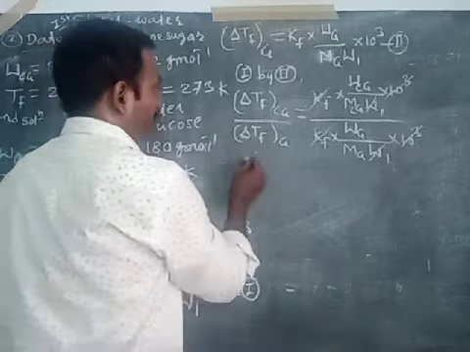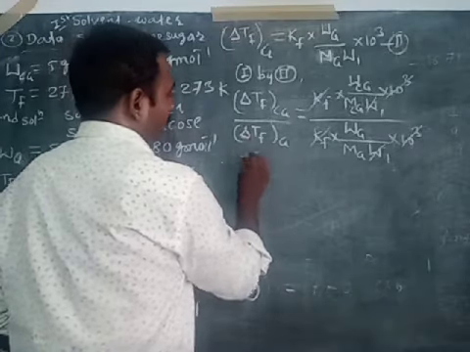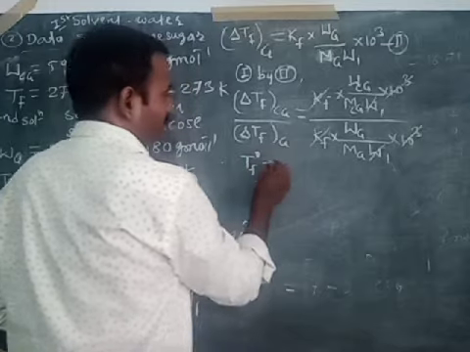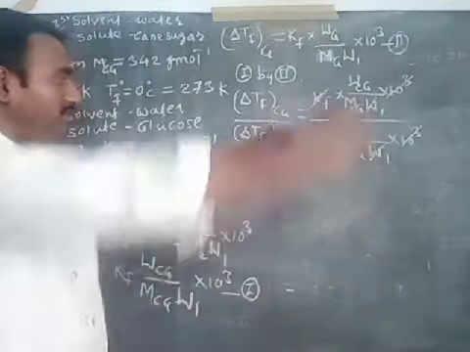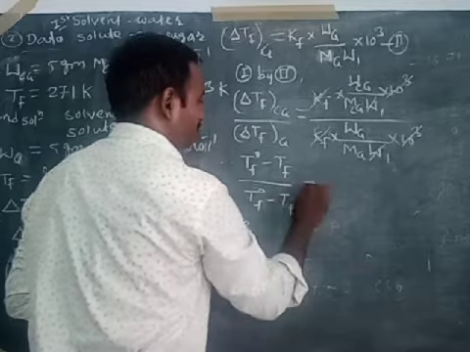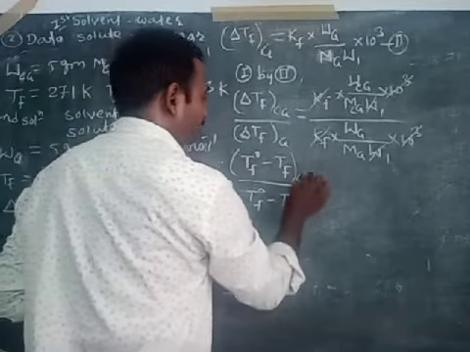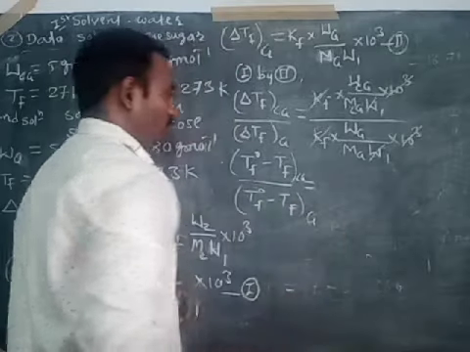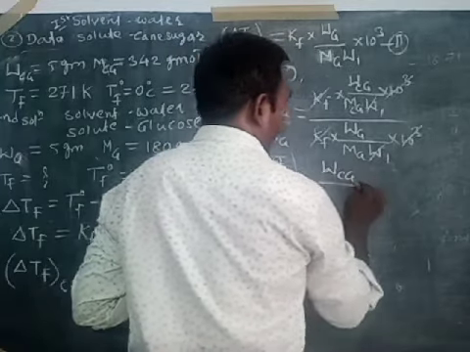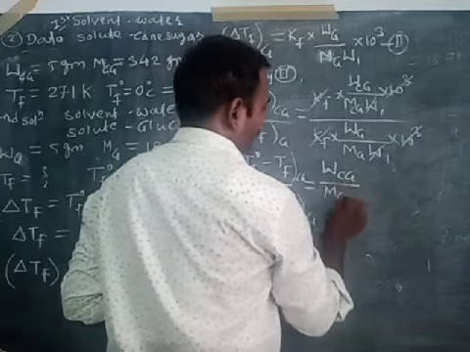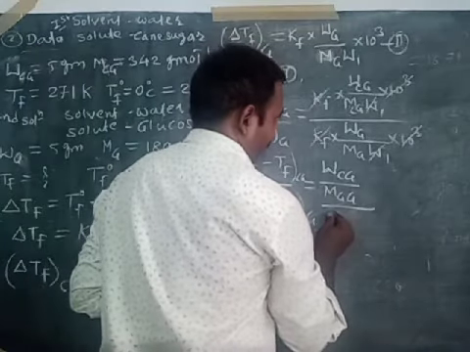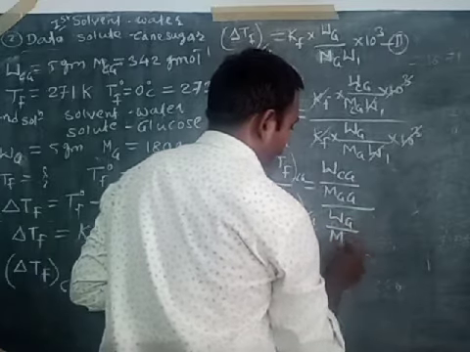And that's why the equation will become delta TF of Cg, which can be represented as T0F minus TF, upon T0F minus TF, this is for the Cg, that is cane sugar, and this is for the glucose, is equal to WCg upon MCg, upon Wg upon Mg.